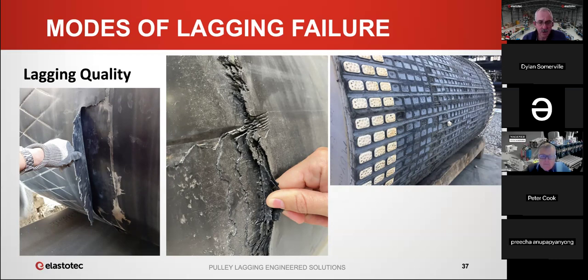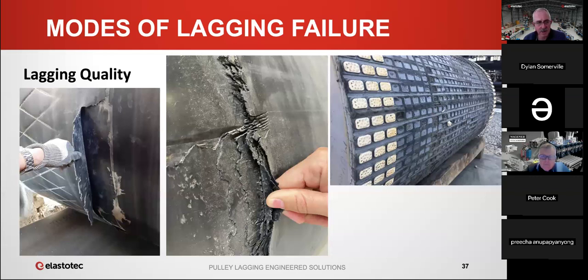And if you don't get a good bond between the plies, when that type of lagging is on, for example, a drive pulley that's subjected to high shear stresses, the rubber will delaminate. And you can see in the photo on the left and the photo in the center, this lagging has failed because it's delaminated and then it's been torn away by the belt.